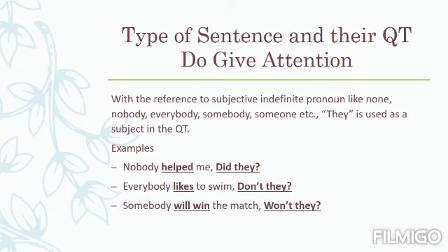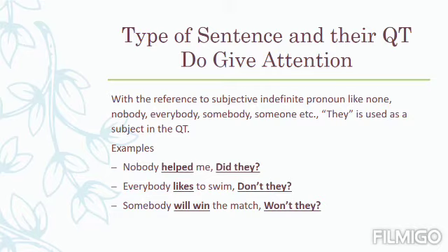Now give your careful attention, because we are going to learn question tags of some special type of statements with a reference to subjective indefinite pronoun like none, nobody, everybody, somebody, someone, etc. Now assume that these words have been given in the place of subject.